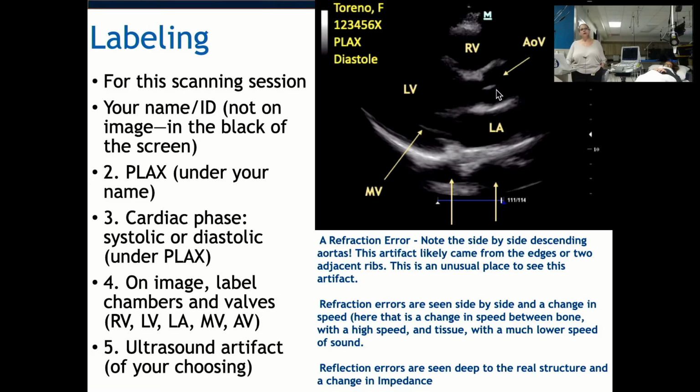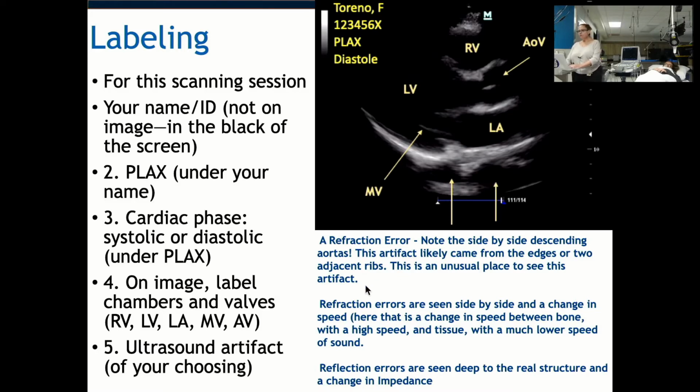And then you have to identify one artifact. I chose a quite unusual artifact that I just happened to catch on this image. You can see here there are 2 anechoic and round structures sitting side by side. This means that this is a refraction artifact. Refraction artifacts sit next to each other, side by side like this, and occur because of a change in scanning speed.